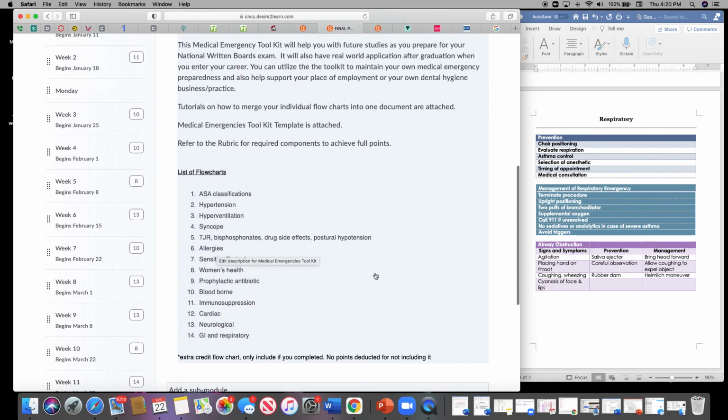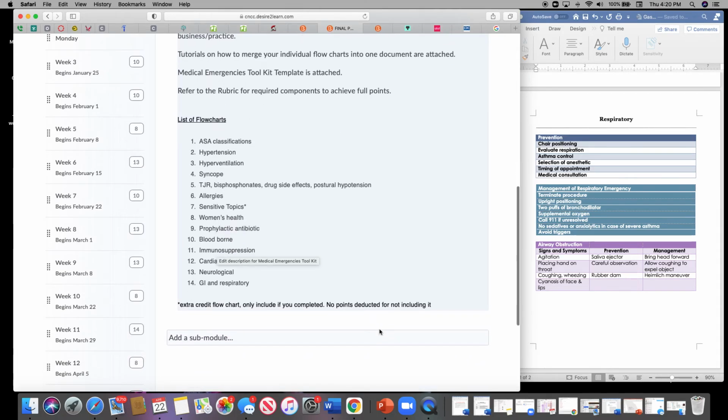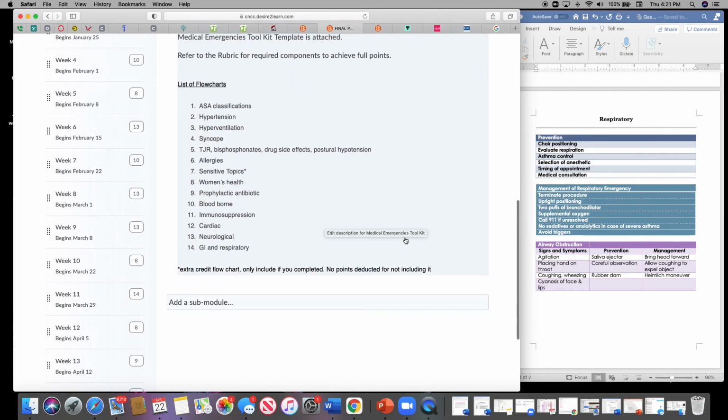So I did add a list of flowcharts. So you've got these, and you can make sure that you have all these. Remember the sensitive topics. If you don't have this one, you're not going to get marked off, but some of you did this for extra credit. You can add this into your medical emergency kit if you would like.